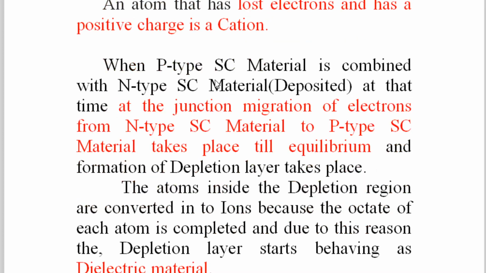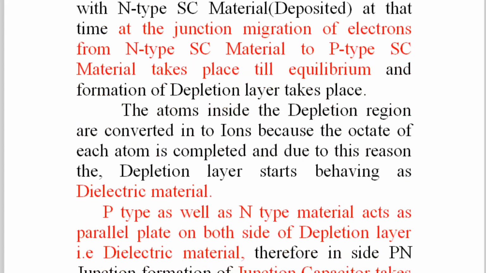When p-type semiconductor material is combined with n-type semiconductor material, at the junction the migration of electrons from the n-type material to the p-type material takes place till equilibrium. This is important: till equilibrium, and formation of the depletion layer takes place.